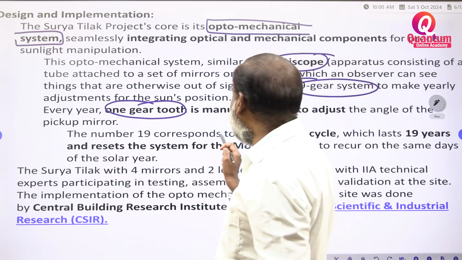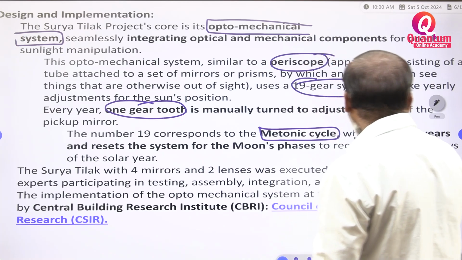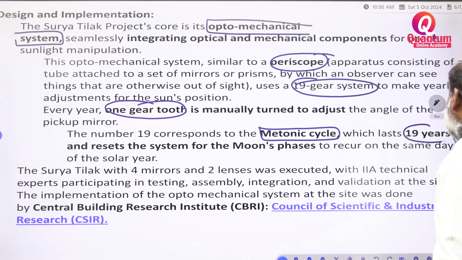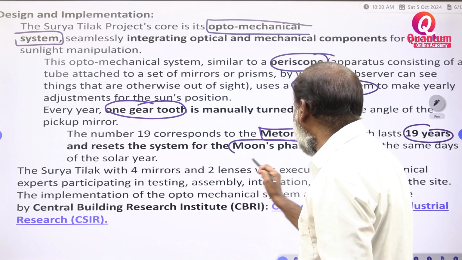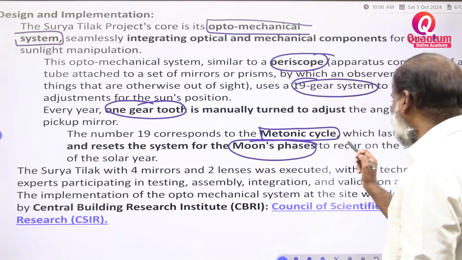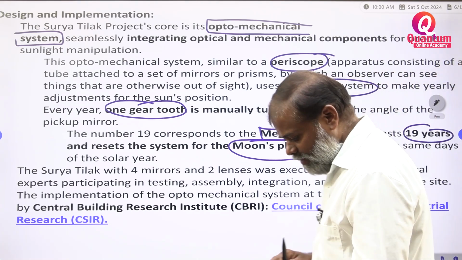The number 19 corresponds to the Metonic cycle, which lasts 19 years and resets the system for the moon's phase to recur on the same days of the solar year.